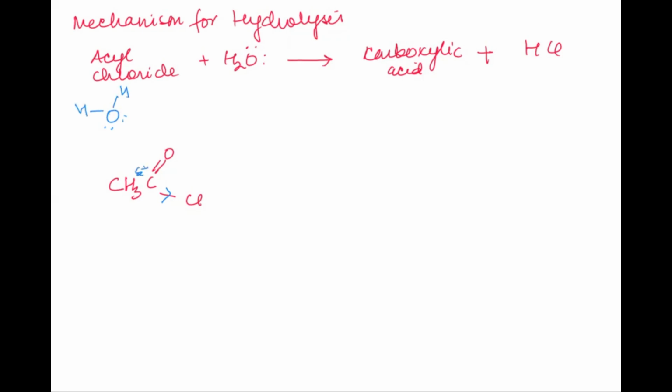This is the carbocation, so this is going to attack the carbocation, and eventually this double bond will break, and this is going to be a single bond. Now all this is going to create an intermediate where an addition and elimination both will be taking place.